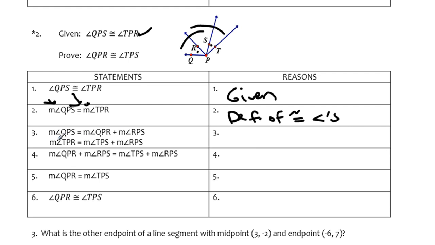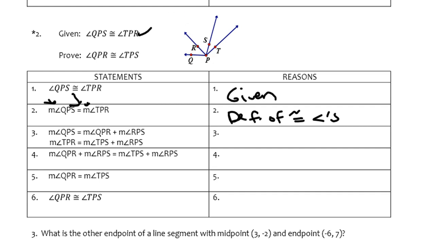The next one, the measure of QPS is equal to the measure of QPR plus RPS. So here's QPS, this one right here, and it says that that's equal to the measure of QPR plus RPS, making up that big angle. That's angle addition.